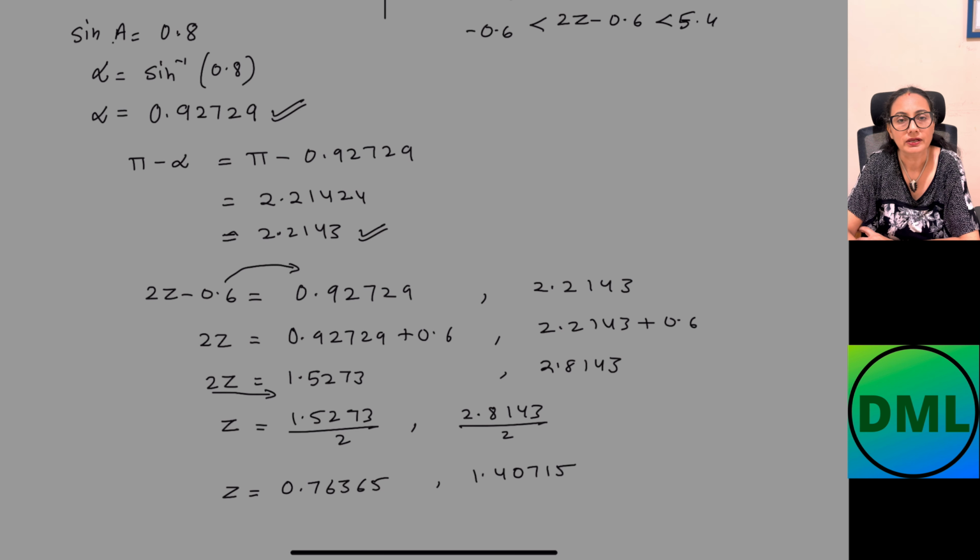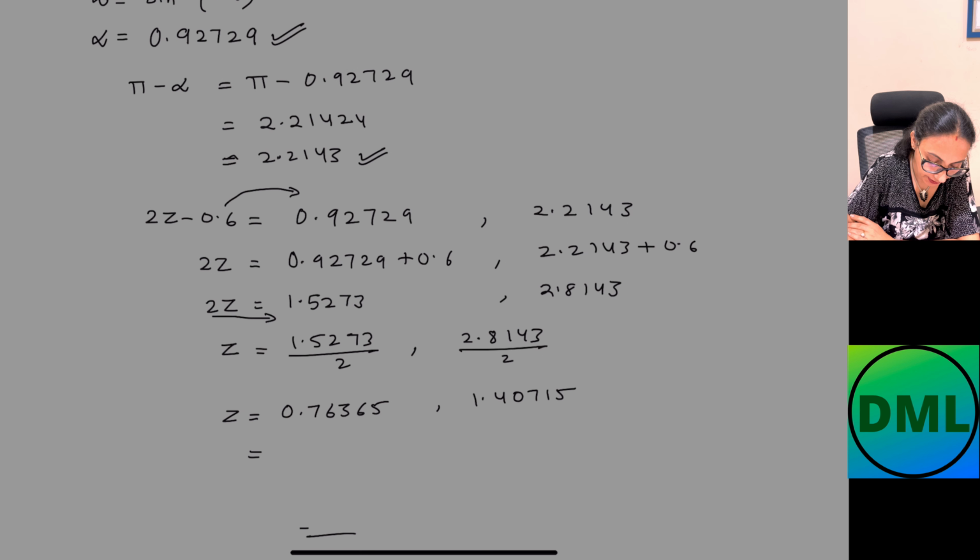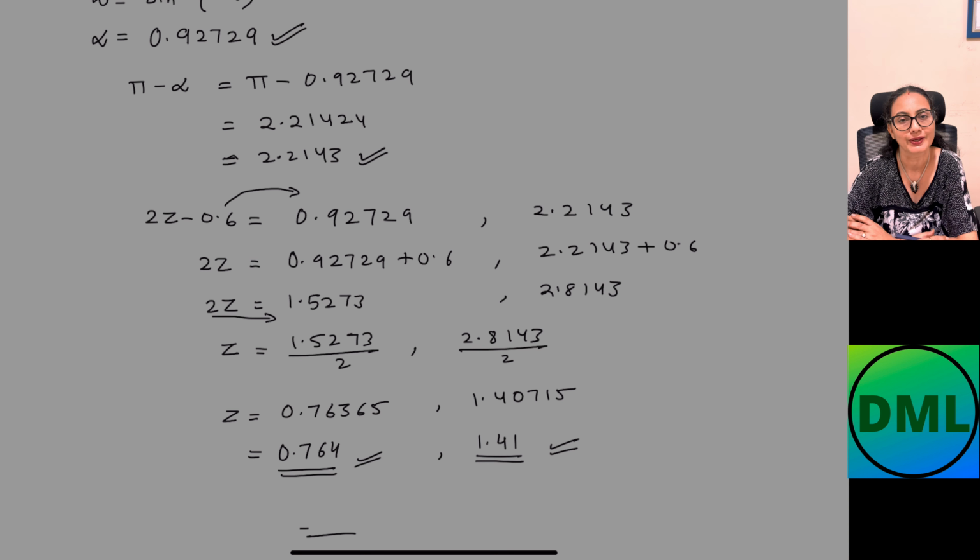Your answer in trigonometry, as I discussed earlier, should have 3 significant figures, or be correct up till 1 decimal place. This will be written as 0.764 in 3 significant figures. This answer will be written as 1.41 in 3 significant figures. These are the 2 answers you have in this question.